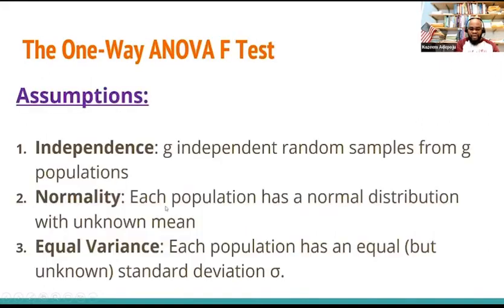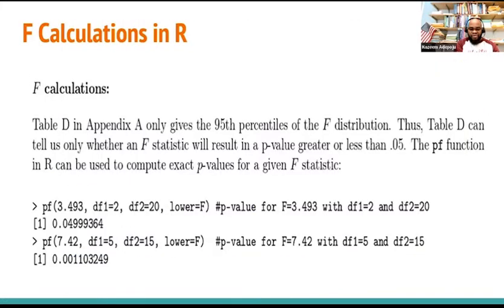And that was why here you are seeing DF equal to 2, equal to 20 here. It means the 20 is going to be the degrees of freedom for error, and this one is going to be the degrees of freedom for group. And of course, you're going to have lower.tail equal to FALSE, and that is going to return the p-value that you're going to use in taking a decision.